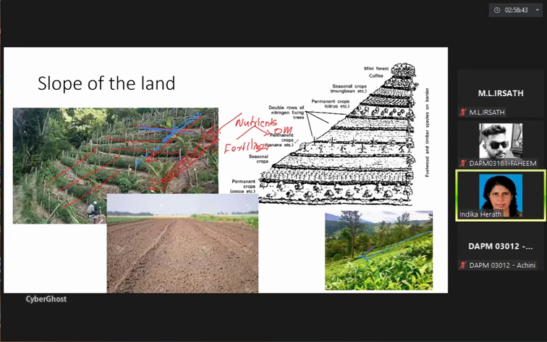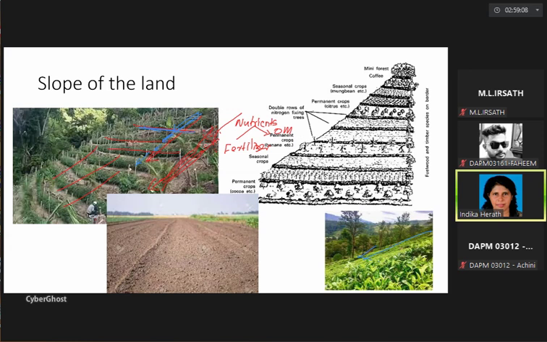In managing these kinds of lands, if it is not tea land, we can have various methods to reduce this erosion. This is a model that has been given to reduce erosion.